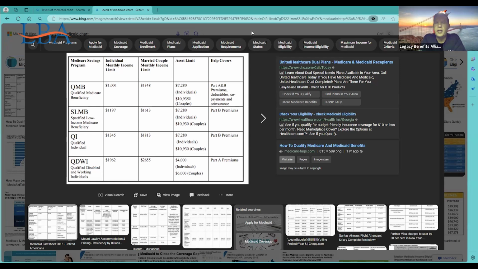You may find that a plan says that it accepts all levels of Medicaid. However, based on their level of Medicaid, they may or may not have a premium. Guess what? This person, a QI1, will have that premium.